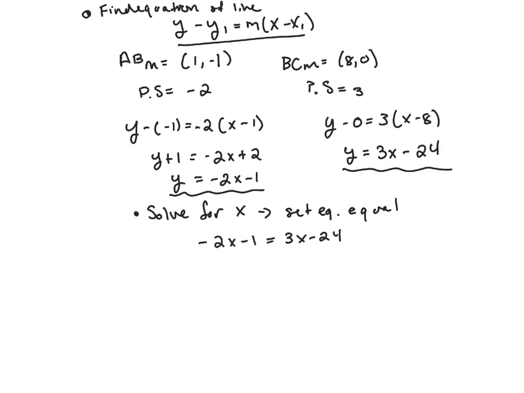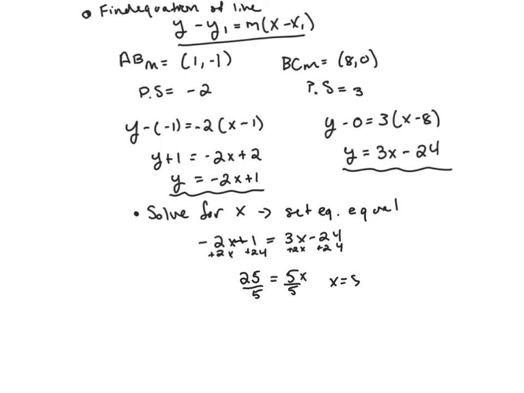If we add the 2x to both sides and add 24 to this side, we get 5x equals 25. Sorry, this should be 2x plus 1 here. That's why we get 1 plus 24 is 25. And then the last step, divide by 5.